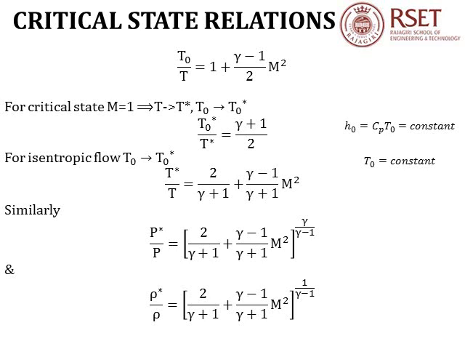Substituting for T star by T, we arrive at the fourth equation that connects the pressure at critical state with the static pressure of fluid at any point on the flow field. Similarly, we arrive at the relation connecting the density at critical state with the density at any point on the flow field.